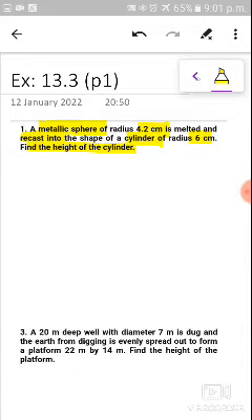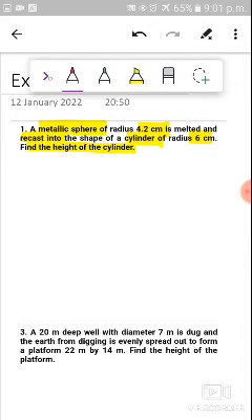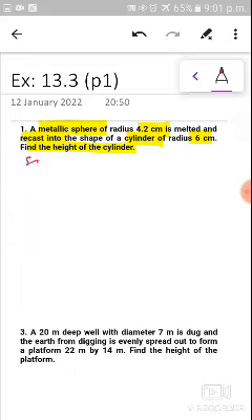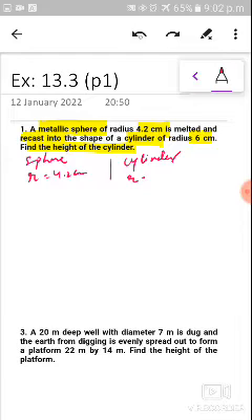Okay, so we'll write. So we are having what? We are having a sphere whose radius is 4.2 centimeter, and a cylinder whose radius is 6 centimeter, and we need to find the height of the cylinder.